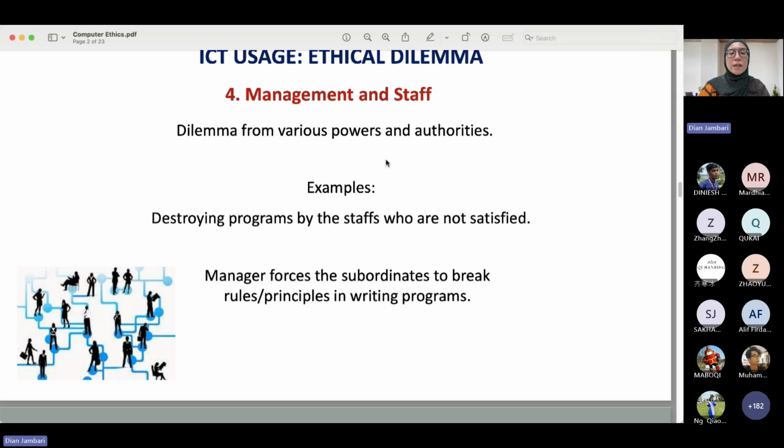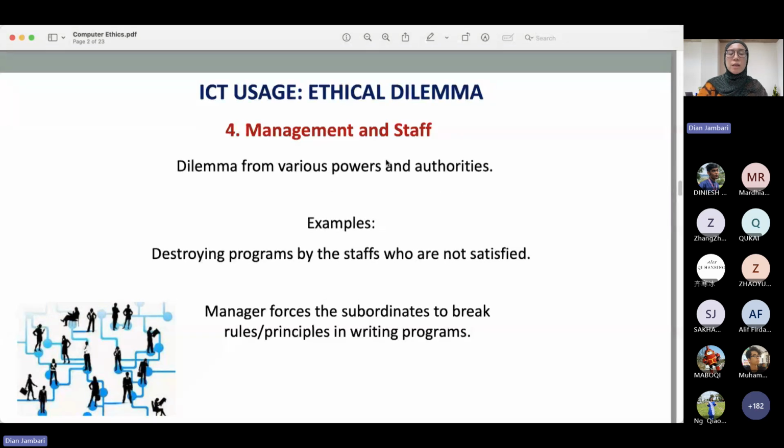And then another ethical dilemma. Another situation or scenario where there can exist ethical dilemma caused by ICT usage is from the context of management and staff. This is a situation where you will be faced with an ethical dilemma because there are various powers and authority in an organization that are related to the use of ICT.